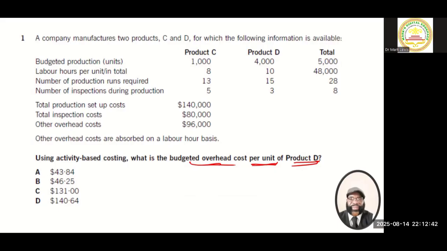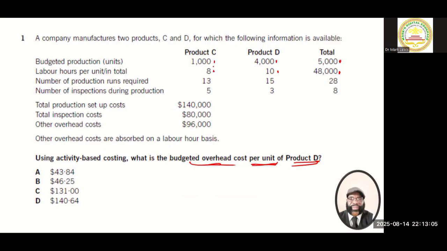We have the budgeted production units. For C it is 1,000, D is 4,000, for a total of 5,000. Labor hours per unit, the total is 48,000. Product D requires 10, while product C requires 8.